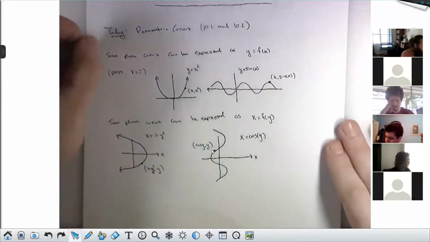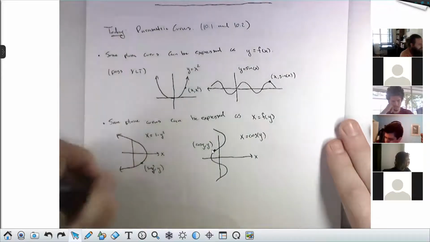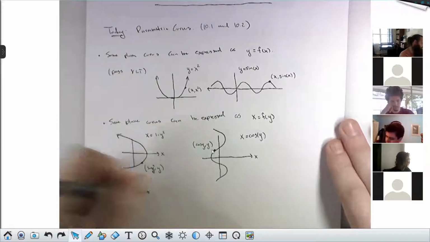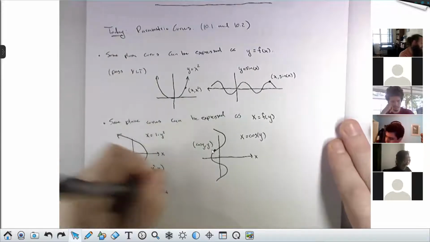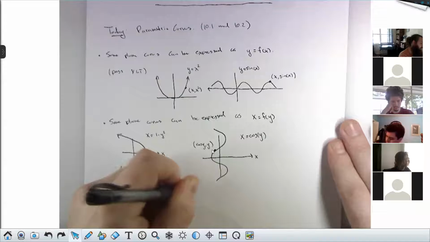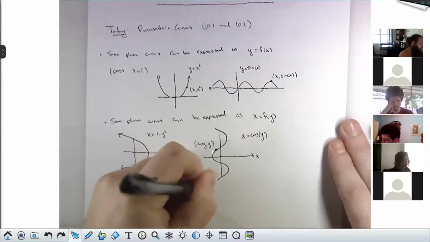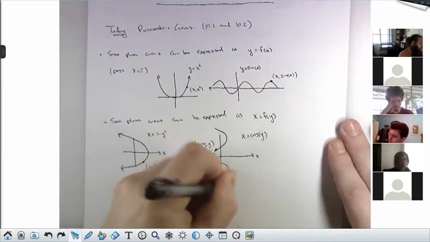But some curves can't be expressed in either of these ways.